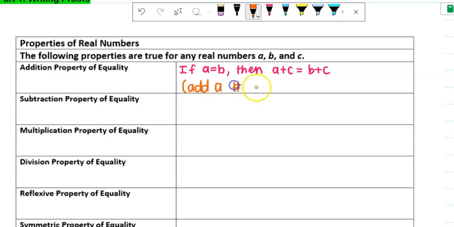Add a number to both sides. So when you're solving an equation, if you have to add to move that constant over, or even the variable, that's going to be your addition property.